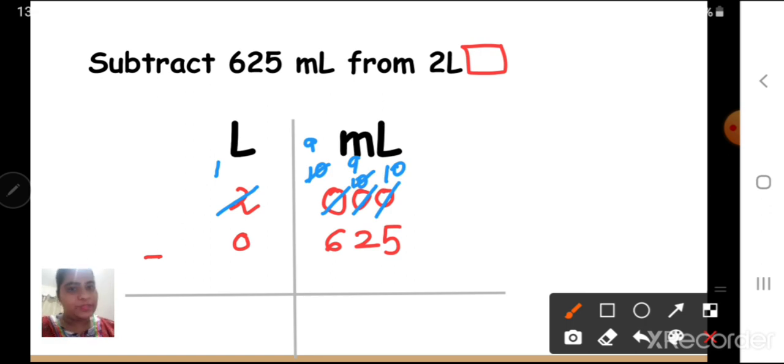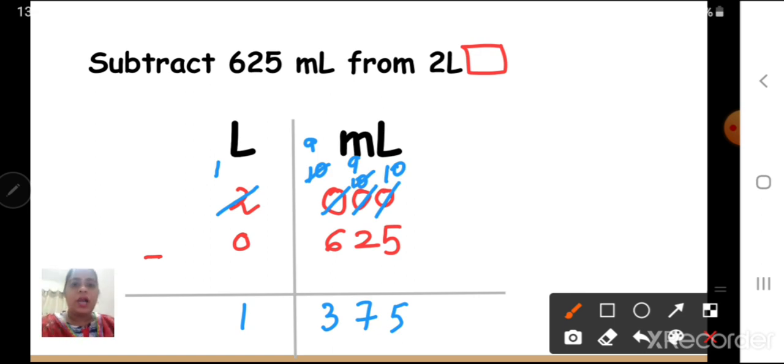Now we can subtract. 10 minus 5 is 5. 9 minus 2, children, subtract. Count after 2: 3, 4, 5, 6, 7, 8, 9. So it is 7. Correct? Then 9 minus 6 is 3. And on the liter side we have 1 minus 0, which is 1.